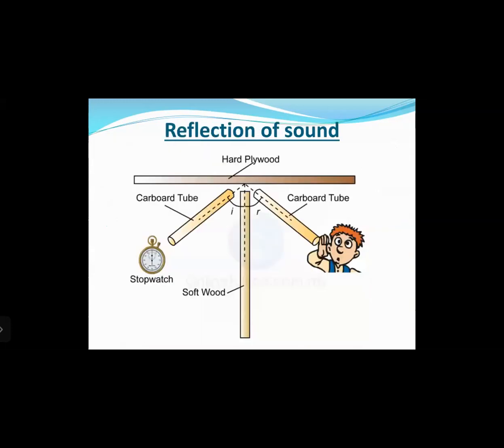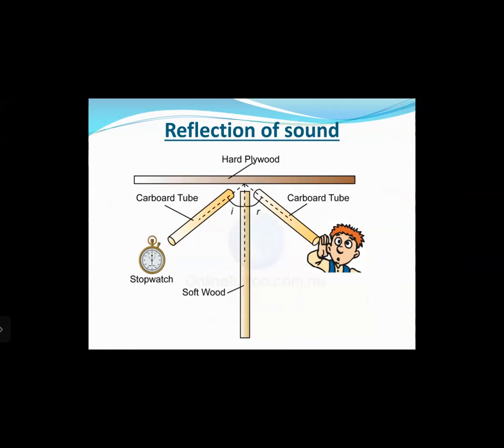Okay. The next is the concept of reflection of sound. We know that sound waves also obey all the laws of reflection, just like light waves. In this case, you can see there is a hard plywood surface kept for reflection of the sound, and there is a partition made up of soft wood.